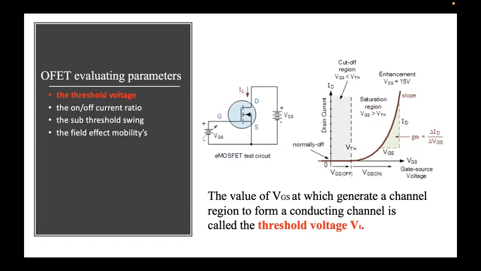But sometimes we can have what we call a depletion N-channel MOSFET, where your threshold voltage turns out to be negative. In this case, you don't need any positive voltage. Even 0 voltage will turn your transistor on. So it's a transistor that is turned on by default. Again, it's a debatable matter between being a disadvantage in some applications or being a target in other applications.